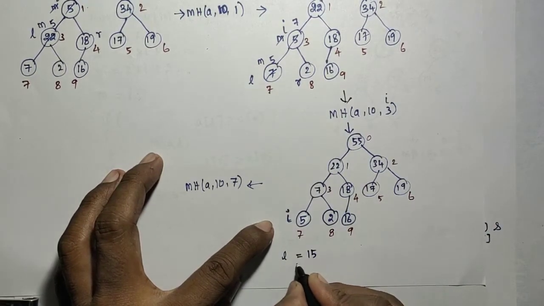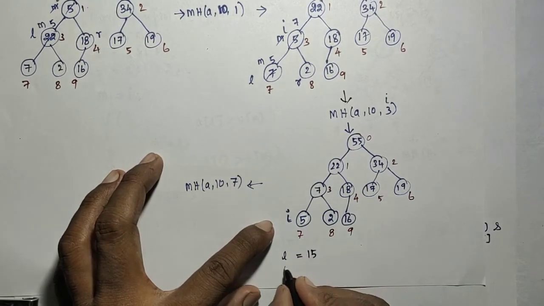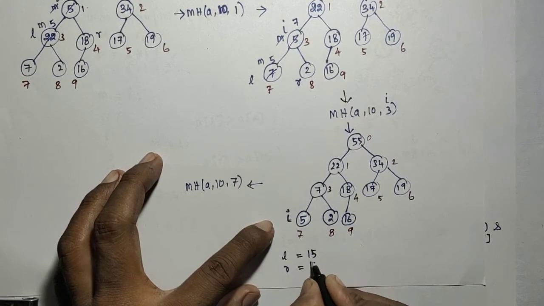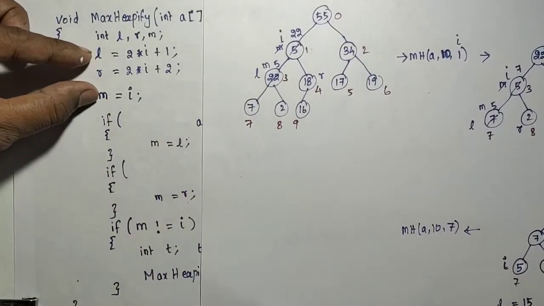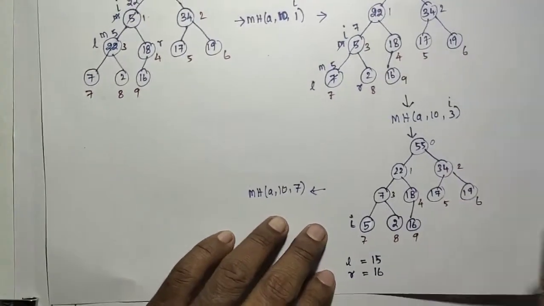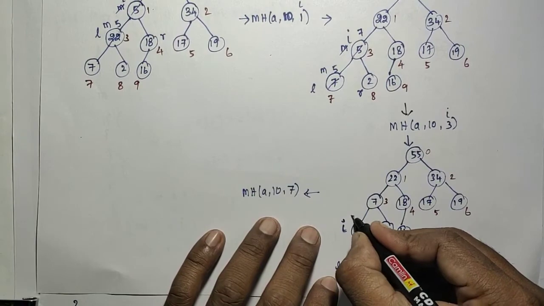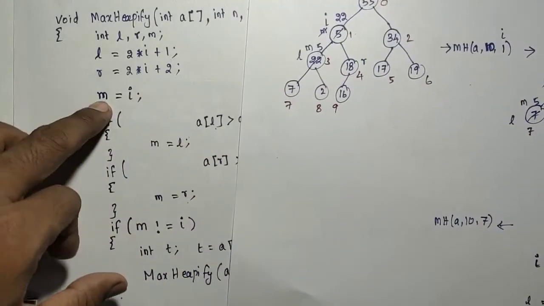So 15 is the left of I, and the right of that I is 15 plus 1, that is 16. So 15 and 16 will be L and R of I, and that will be calculated. Then we are marking I as M, as per the algorithm.